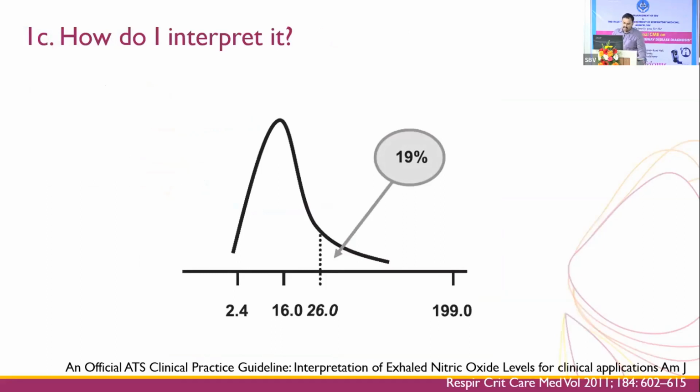People without respiratory disease had FeNO measurements done. Using a cutoff of 26, 81% of patients were below that. So if people are unselected with no respiratory disease, the chance of having a FeNO more than 26 is 20% of the time. You should remember this while interpreting FeNO.